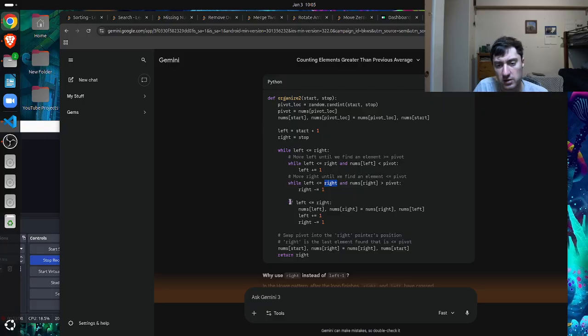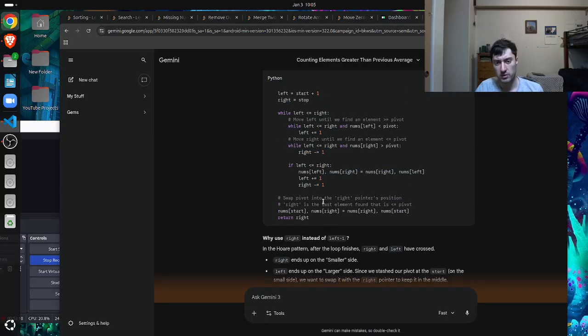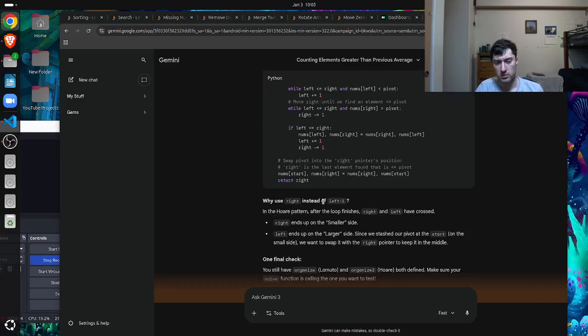What? I see that this is different, but why use right instead of left minus 1? When the loop finishes, right and left have crossed.